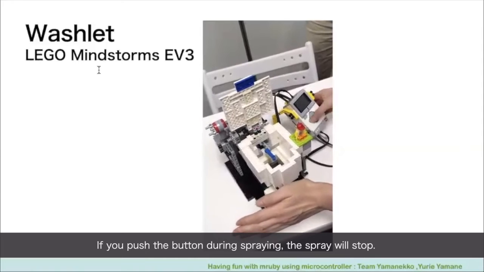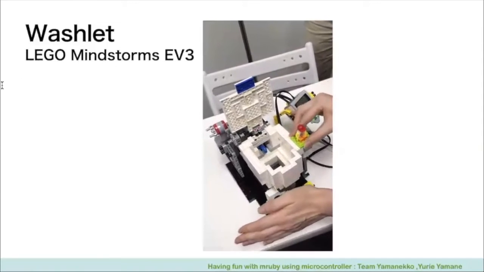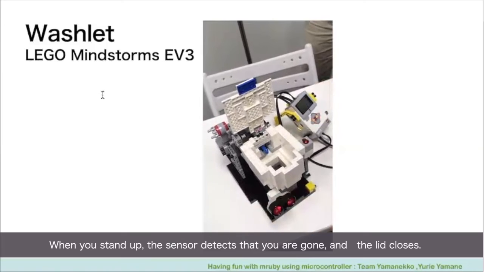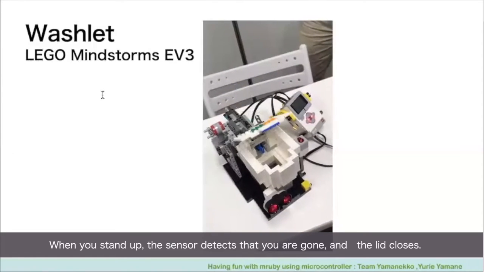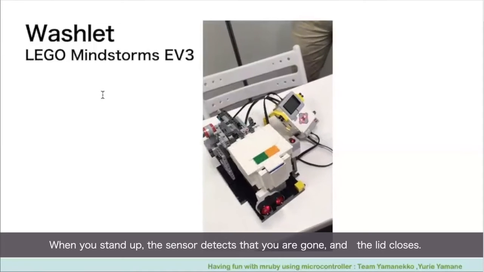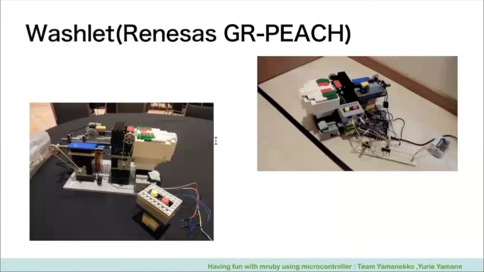If you push the button during spraying, the spray will stop. When you stand up, the sensor detects that you are gone and the lid closes. This is made by using a microcontroller board, sensors, and motors.